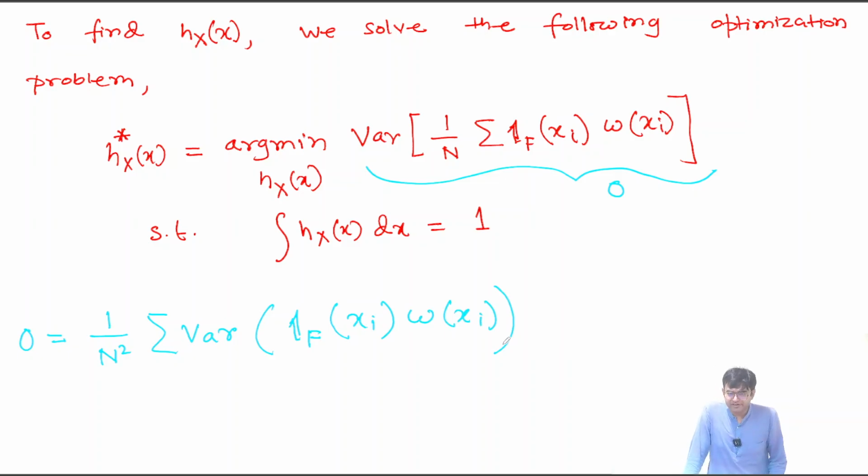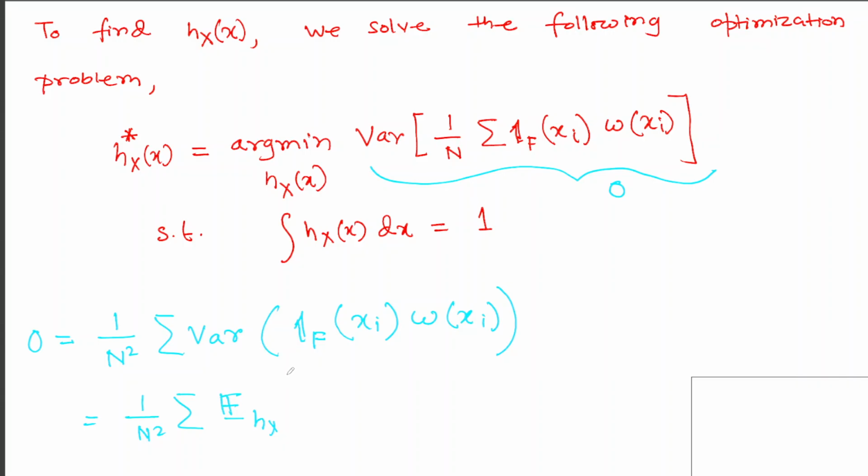Now I want to write variance in terms of expectation. How is variance related to expectation? Expectation of x square minus expectation of x whole square. Let us do that. So expectation of x square, with respect to hx, remember that. Variance also with respect to hx, I have not written that.